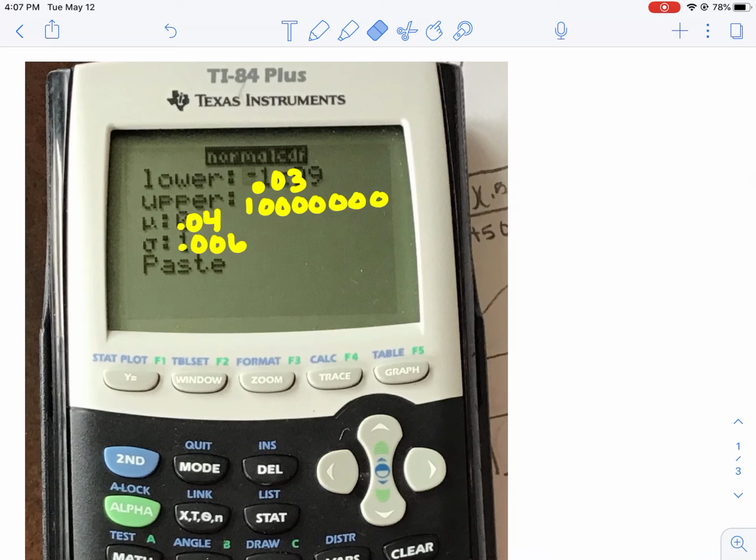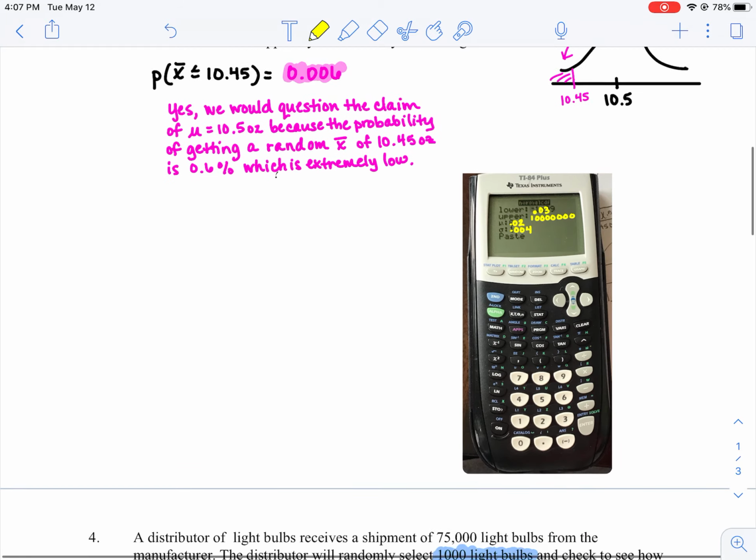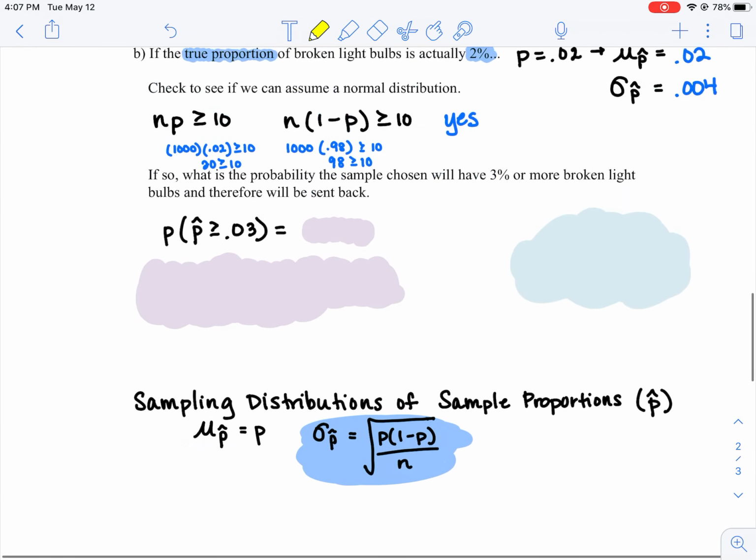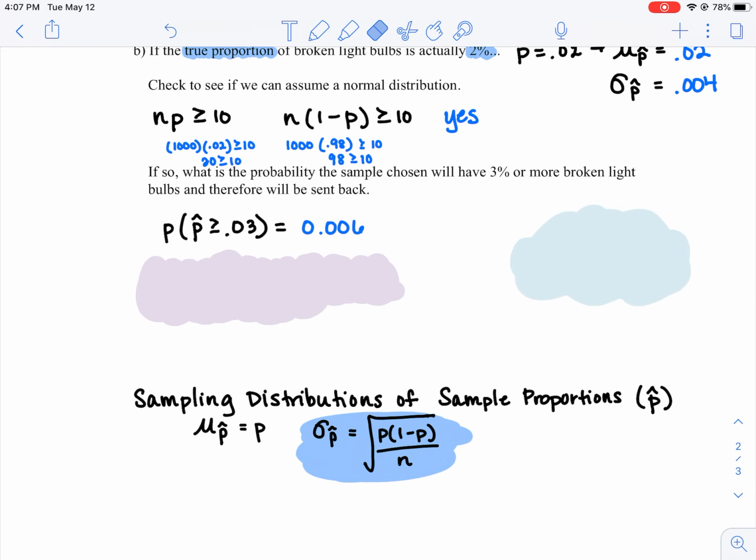You can keep that lower bound of 0.03 and the upper bound of a very large number to kind of get the idea of infinity to our calculator. But now our true mean is 0.02, and the standard deviation that we calculated for this was 0.004. Enter, enter, enter your way through to find your probability, and that's 0.006.